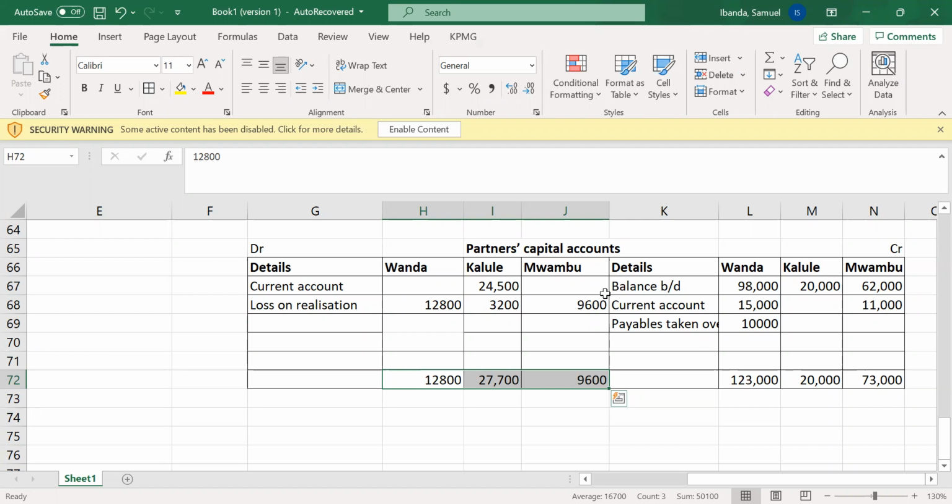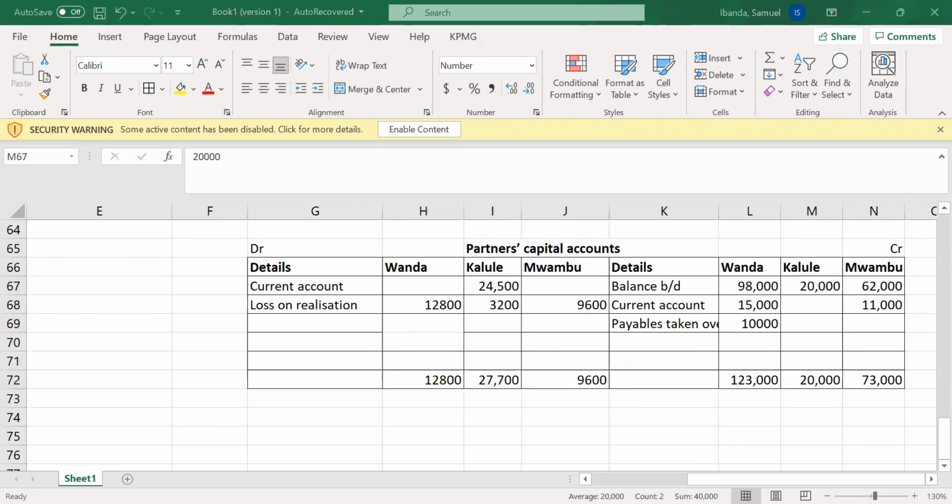They are basically in negative when it comes to their balance, because remember, at this level partners are sharing, they are winding up. So there is that aspect of partners looking at what is standing on their capital balances at the time of winding up. So the deficiency that Kaole has is basically the difference between what we are seeing here and what we are seeing here.